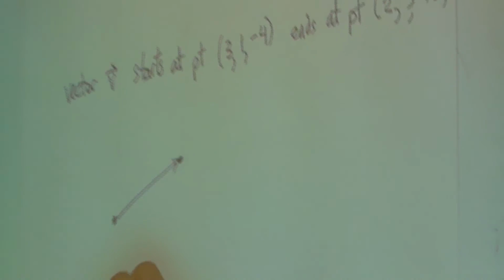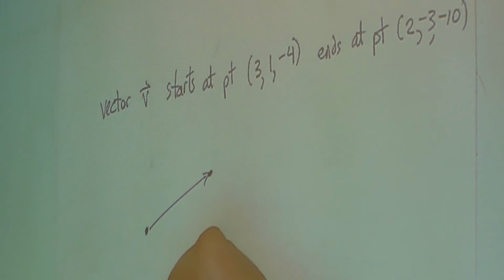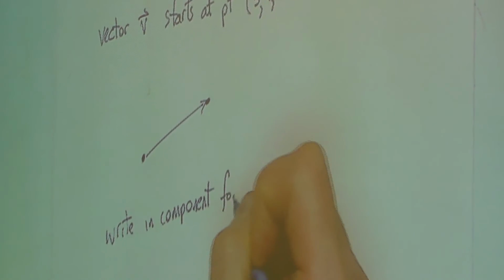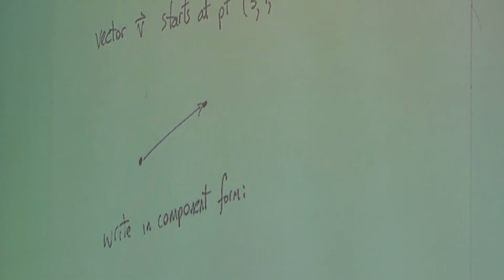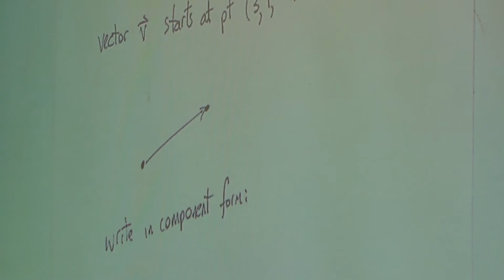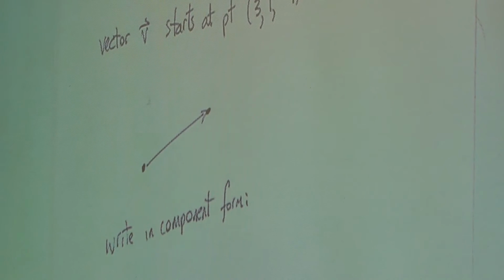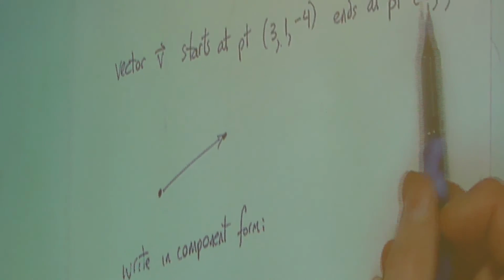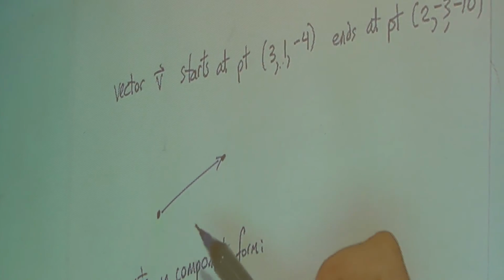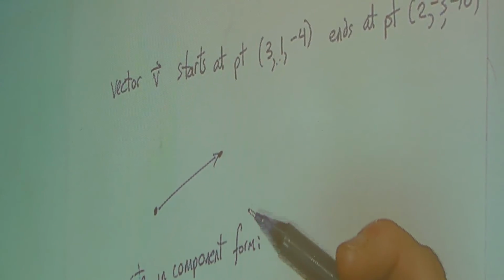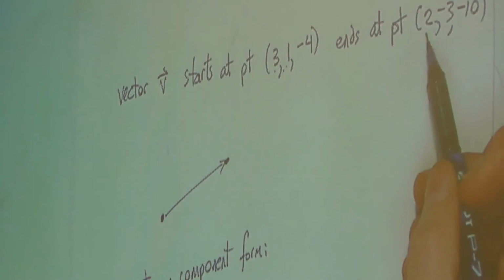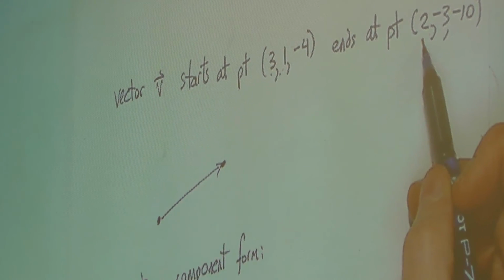If I want to write that vector in component form, well, again, think about the components of a vector as being displacement. I'm not going to literally draw these 2 points. It's 3 dimensions. It's a pain to try and draw. But the displacement, when I start at 3 and I move up to 2 or down to 2, the displacement is negative 1.